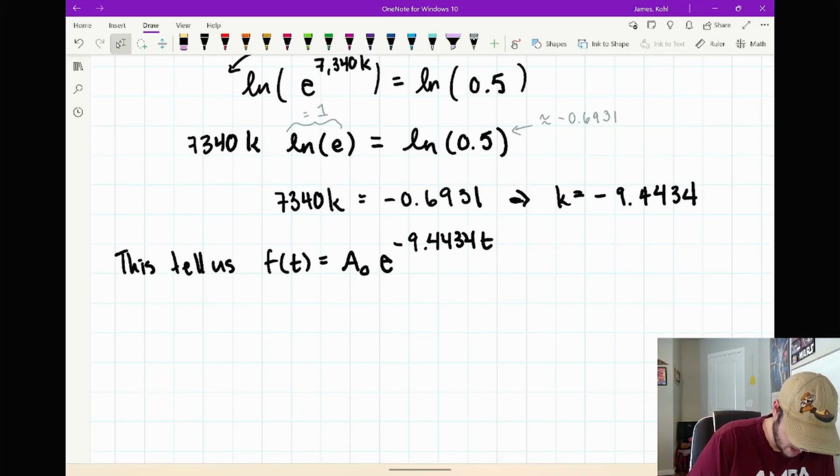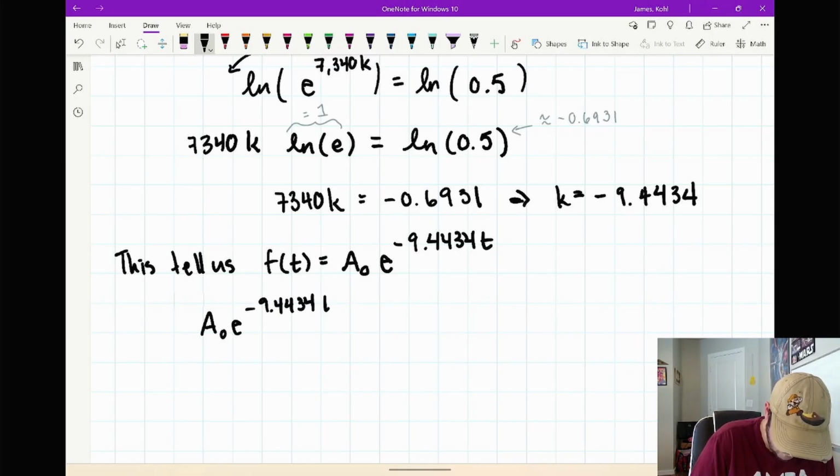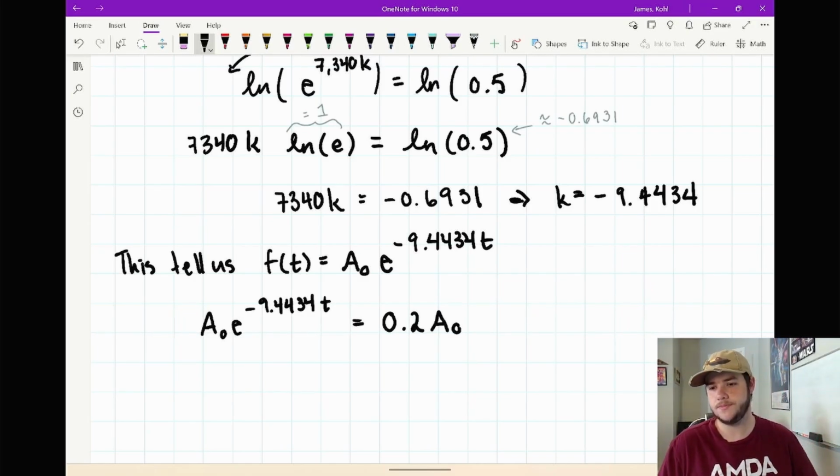Now, I don't know the time, but whatever the time happens to be, I need to know when this function is equal to 20% or 0.2 of the original amount. Notice that if we didn't know k, we would actually have two variables in this equation. So that's why solving for k first was necessary.